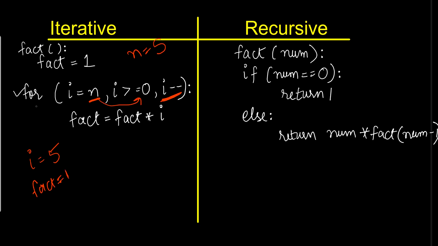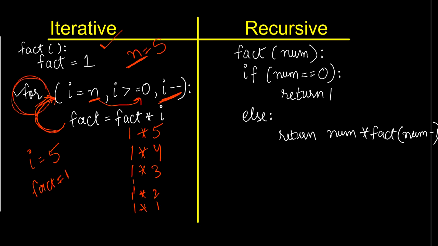This for loop will go on for 1 into 5, then i decrements by 1, so 1 into 4, then into 3, hence 1 into 2, 1 into 1. That means it is going up to n times, and here the iterative one is using a for loop.